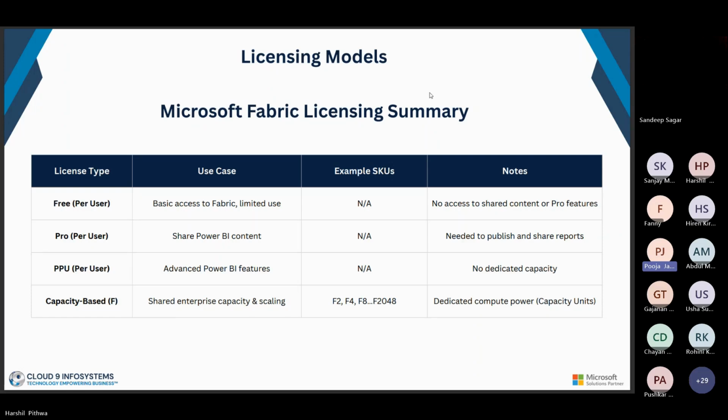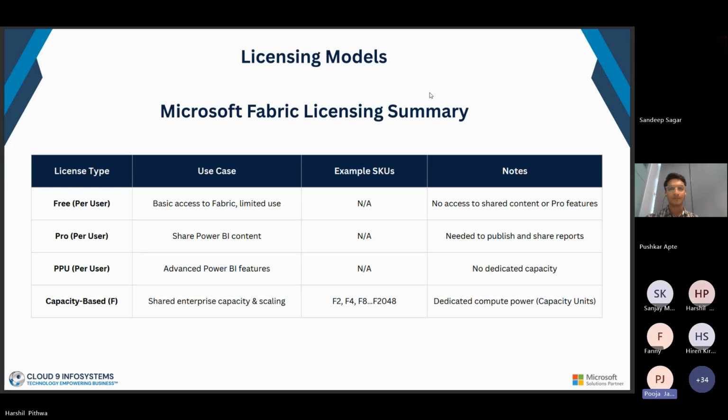The second one is PPU. It is a per user based license, but it is the advanced version of Pro, so you will get certain more features out of Pro. And the last one is capacity based. It is at the organization level, and here you will get all the features available for Fabric. You can utilize all of Fabric's functionalities in one place.